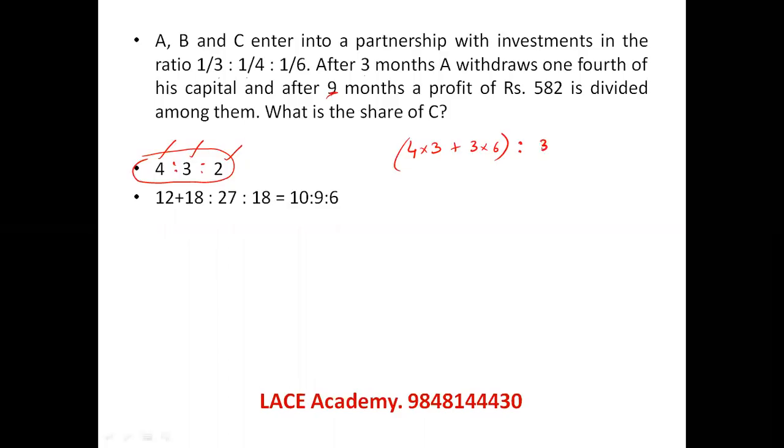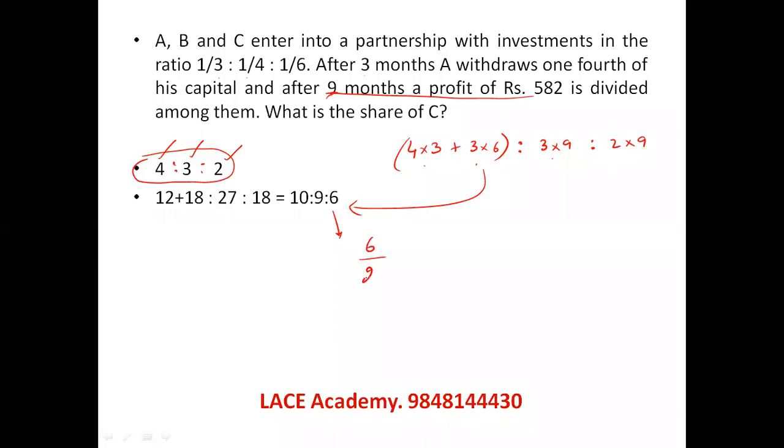B invested 3 rupees for all the 9 months as it is. And C invested 2 rupees for all the 9 months, because after 9 months we are taking the profit. So we get this ratio: 30:27:18. If I cut by 3, I'm getting 10:9:6. He's asking the share of C. So 6 by 25 part out of 582. It is not a round figure actually.